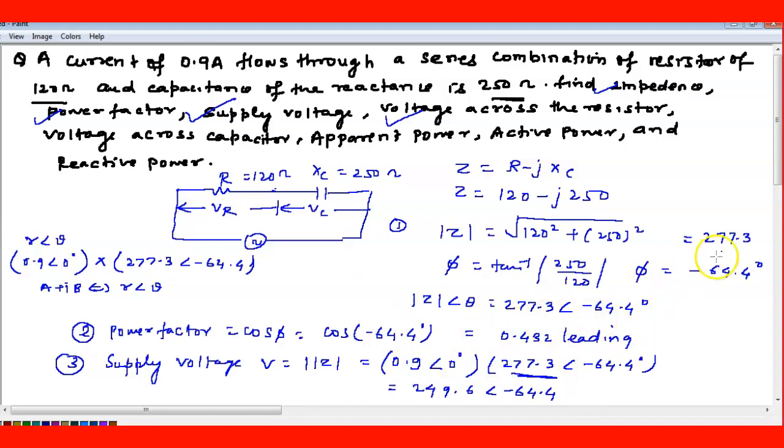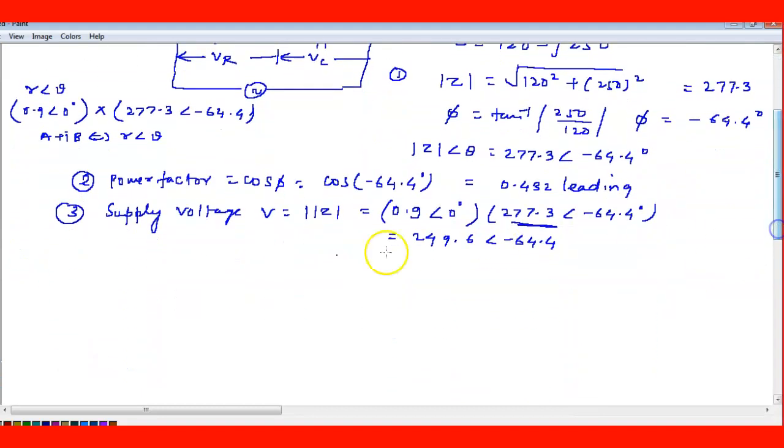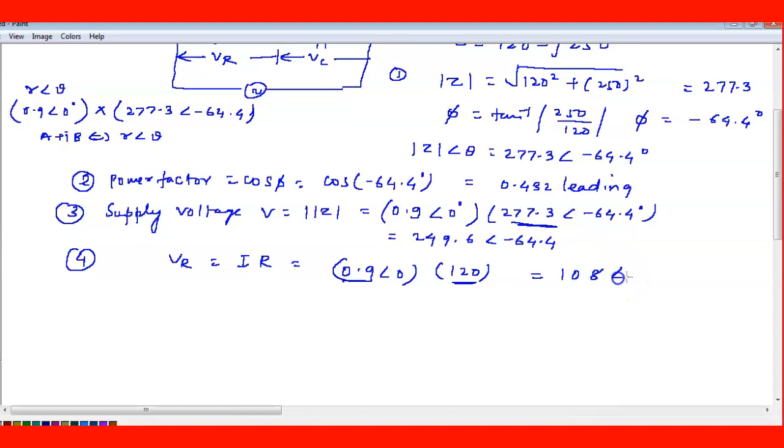So VR is equal to I into R. I is 0.9 with angle 0, and R is 120. If you multiply, you will get 108. Angle is 0 degree. This is the voltage across the resistor.